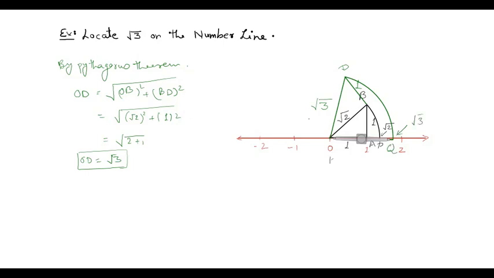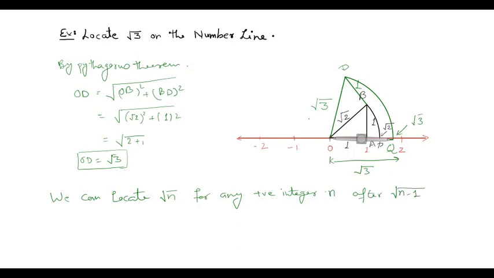So this distance OQ will be equal to square root of 3 on the number line. In this way we can locate square root of n for any positive integer n, after square root of n minus 1 has been located.